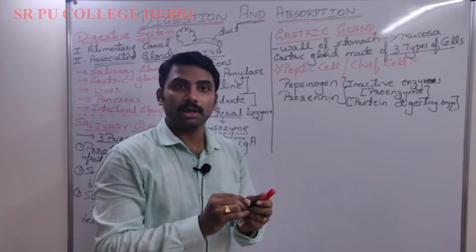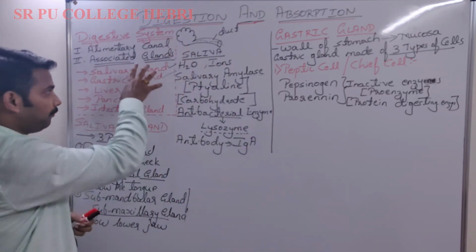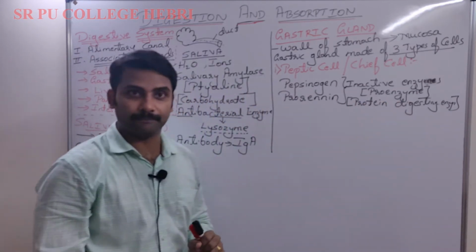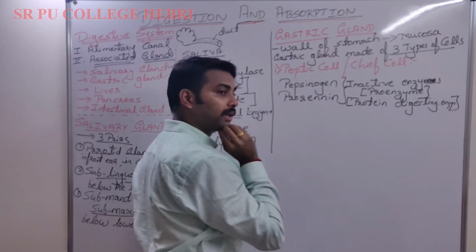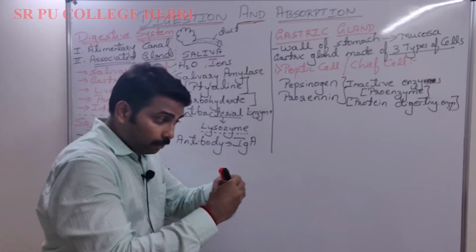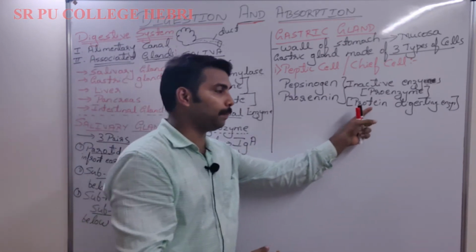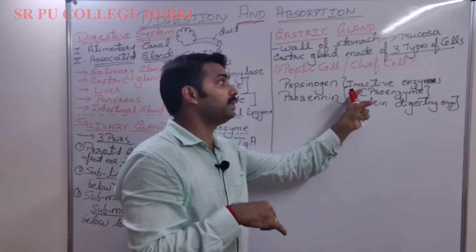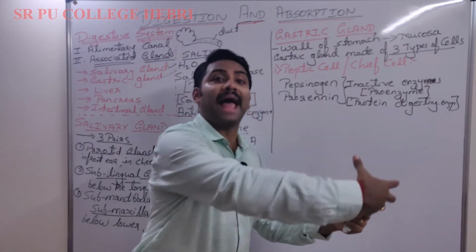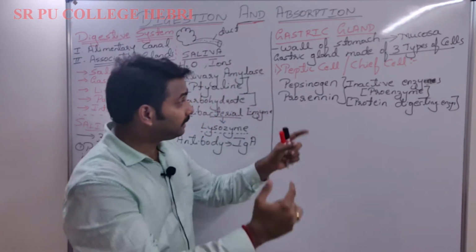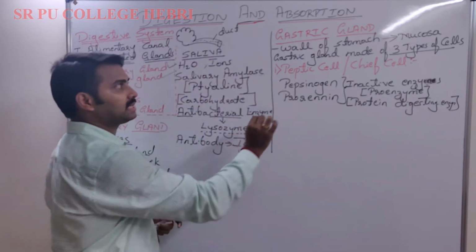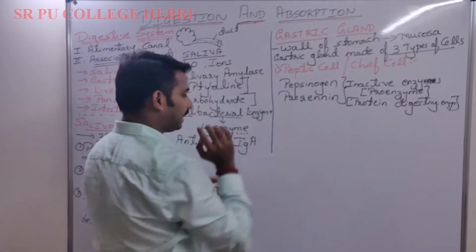Remember one more point, in our alimentary canal, if any of the associated glands is producing a protein digesting enzyme, not carbohydrate, not lipid, only when the enzyme is protein digesting, at the time of release it must be in which state? Inactive. These inactive enzymes later, during the time of action, when they act on a protein, at that time they are activated. Is that clear? These are the 2 protein digesting enzymes present in the juice produced by the gastric gland.